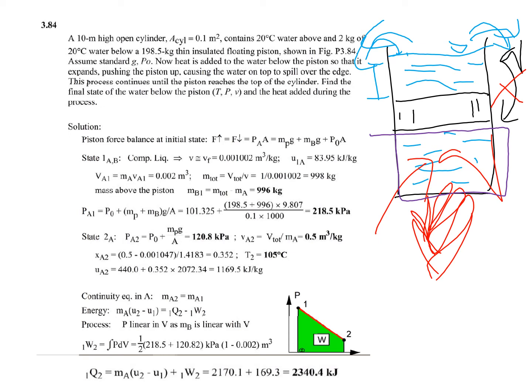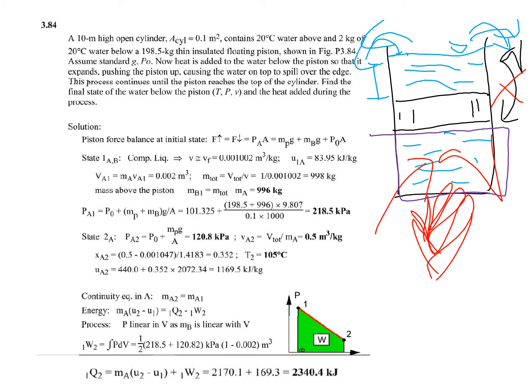So it will be pushing relatively less downward, and this will gradually decrease the pressure on the piston because of the decrease in hydrostatic pressure.